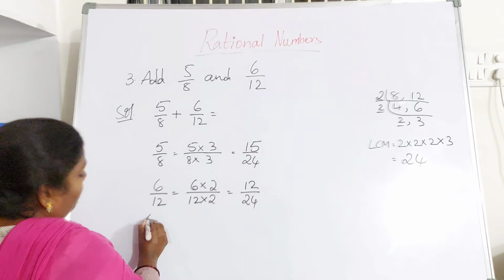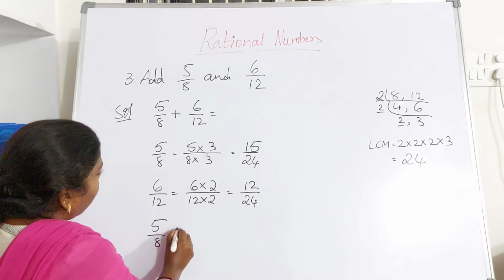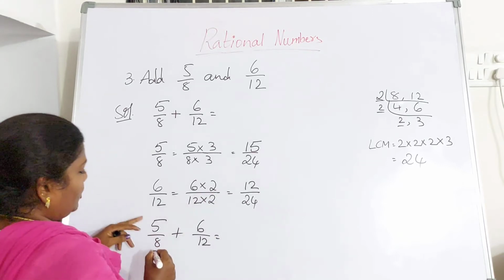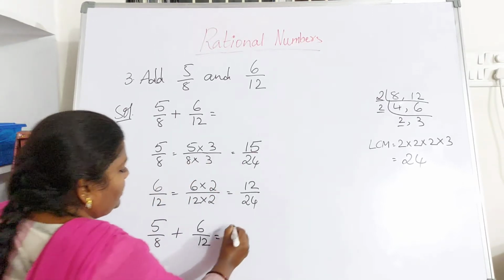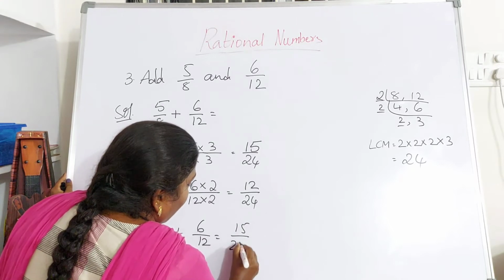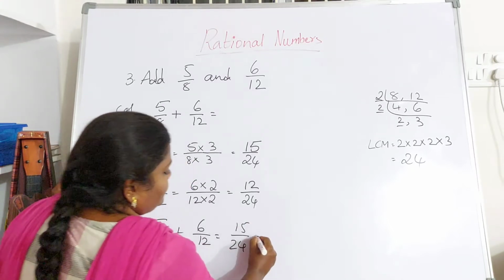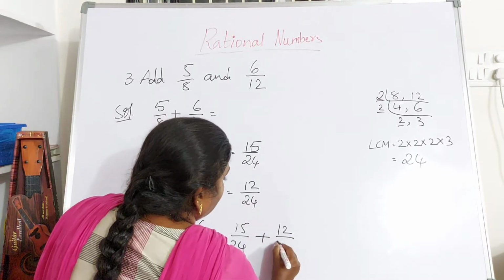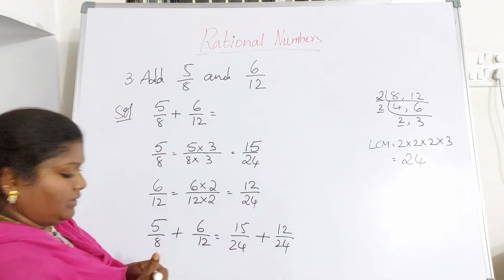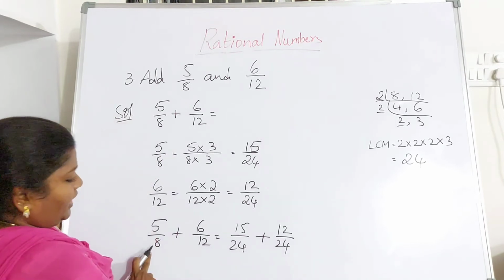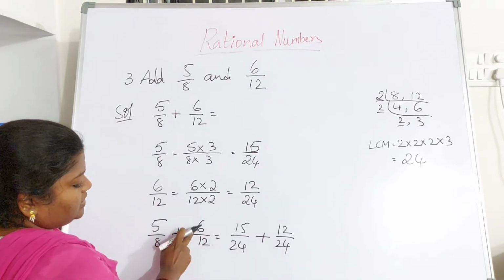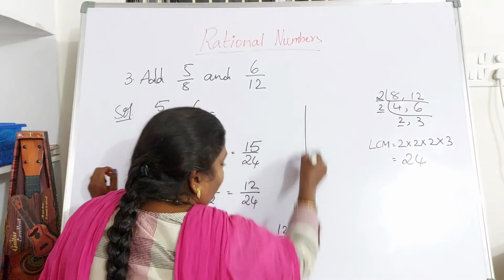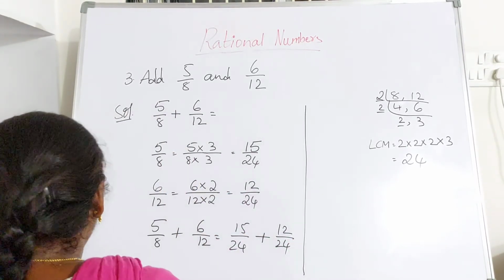Now it is 5 by 8 plus 6 by 12. When we multiplied, I got 5 by 8 as 15 by 24, and the middle sign is plus. So 6 by 12 is 12 by 24. Now you can observe that both the denominators are similar.